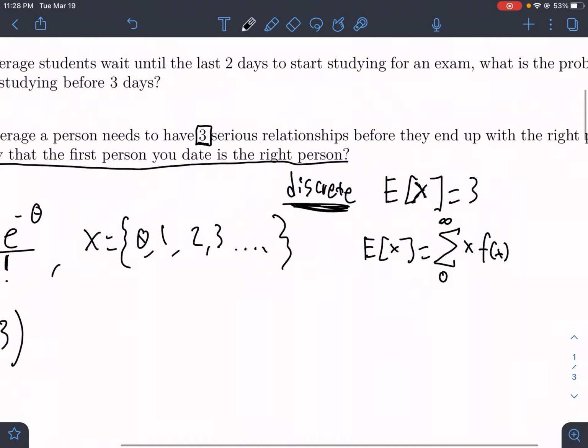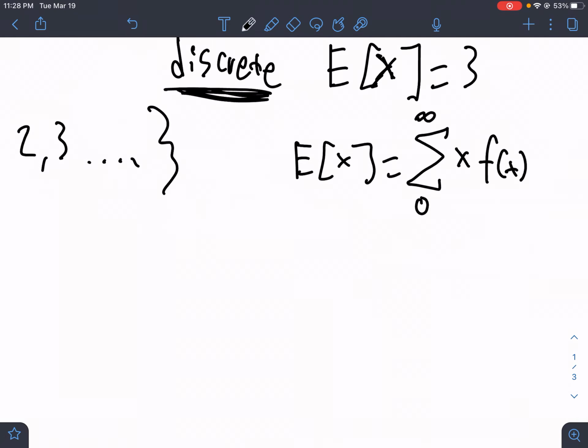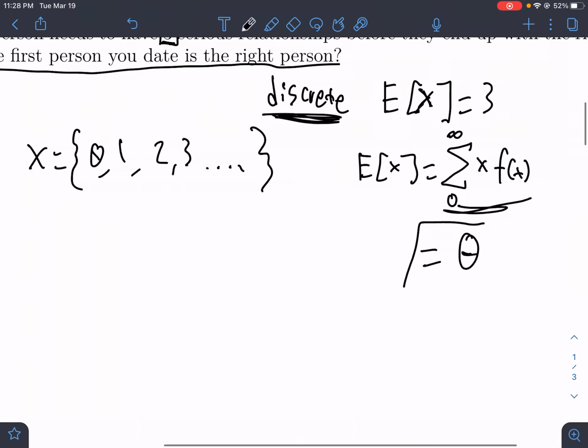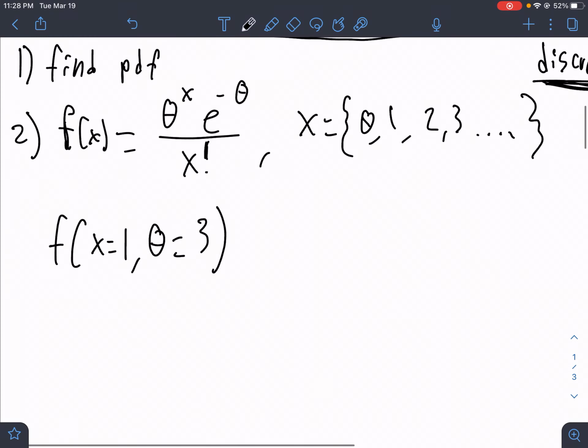You can calculate this out, but that'd be a little bit annoying. So we're just going to say that this is theta, because I calculated this out earlier, and that's what it comes out to. So just memorize for Poisson that E of x is theta.